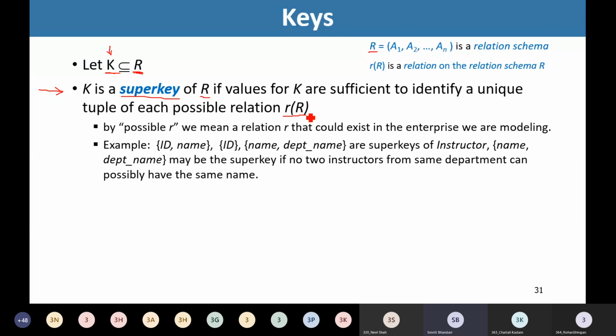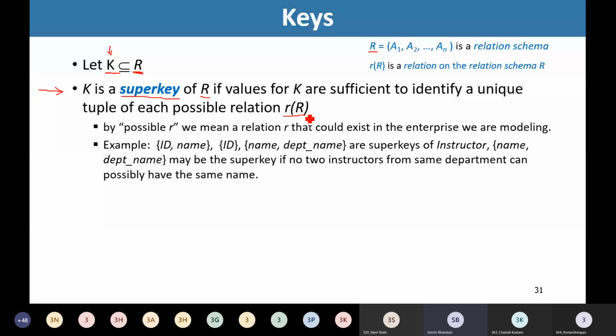So what do we mean by this possible relation r? This possible relation r means a relation that could exist in the enterprise that we are modeling.